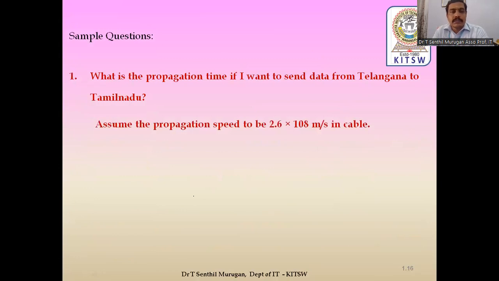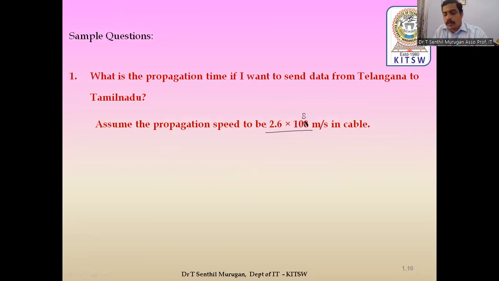Some sample questions for that. What is the propagation time? If I want to send data from Telangana to Tamil Nadu, what is the propagation time? The propagation speed I will give is 2.6 into 10 power 8 meters per second in cable.